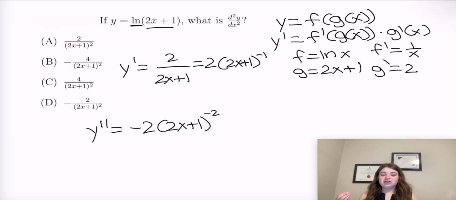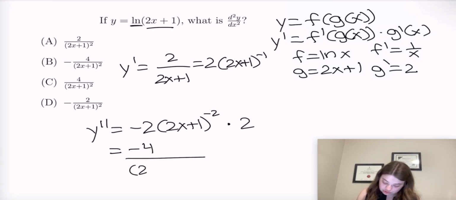And then what's the derivative of 2x plus 1? Well, still 2. So I'm going to multiply by 2 again. And then we're going to end up with negative 4 over 2x plus 1 squared. And that is the equivalent of b. And so b is the correct answer for this one.